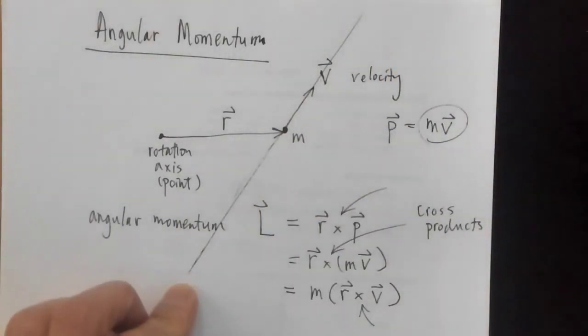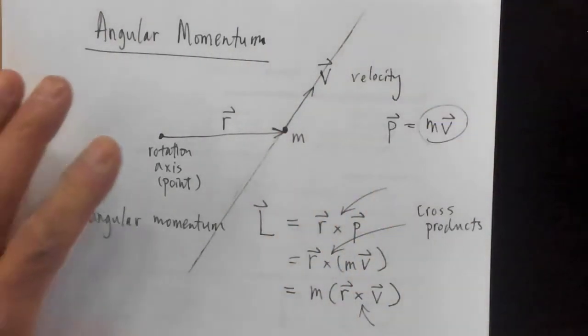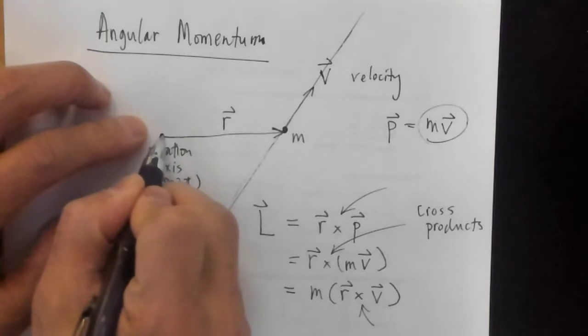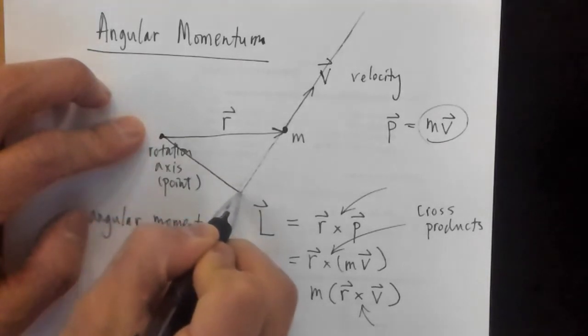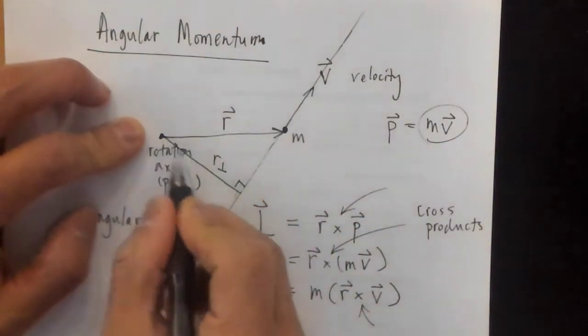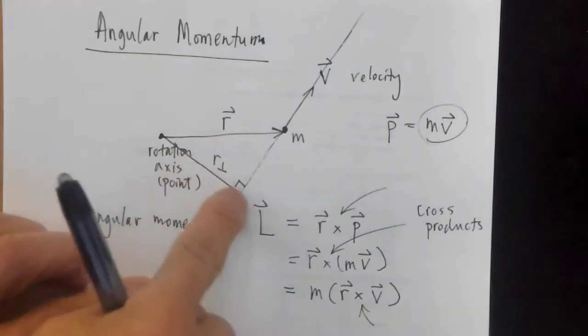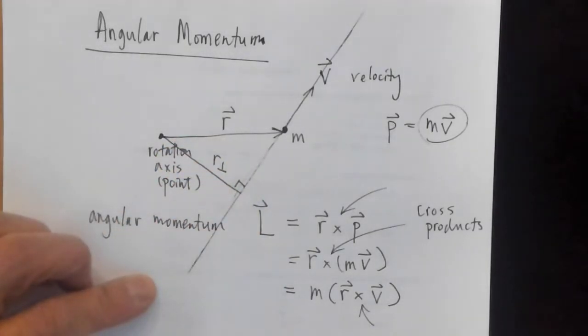We were talking about forces before, but now I'm drawing a line through the velocity or momentum vector. Then you get the shortest distance between the rotation axis and that line. That's r perpendicular, this guy here. Notice that anywhere along this line, this r perpendicular will remain the same. So as a result, the angular momentum of this particle will not change.